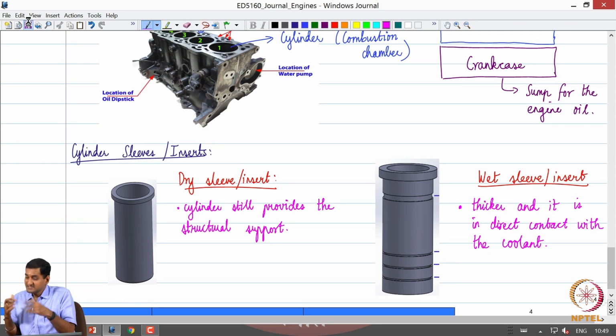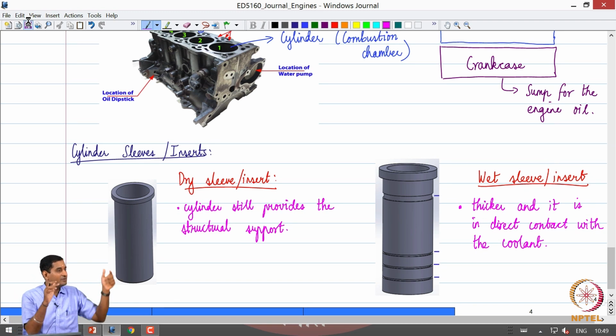The wet sleeve has to provide all the structural support, so obviously it is thicker. The dry sleeve does not provide structural support, it is just to take out the wear and tear, but the cylinder still should have material on the periphery to take up the loads, and the cylinder is still in contact with the coolant. So the pros and cons are evident.